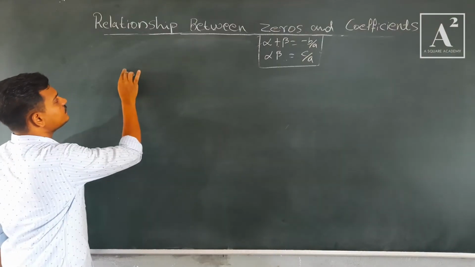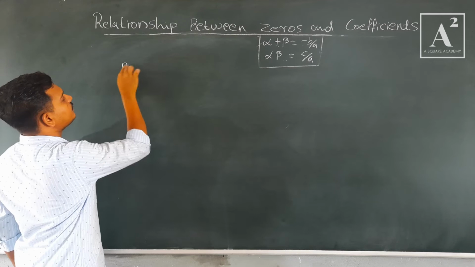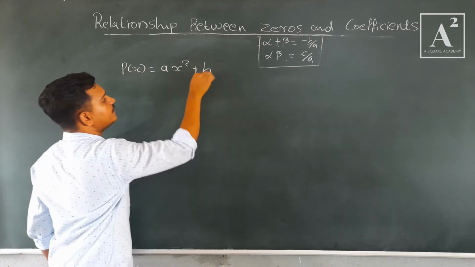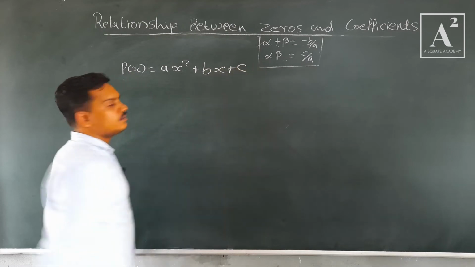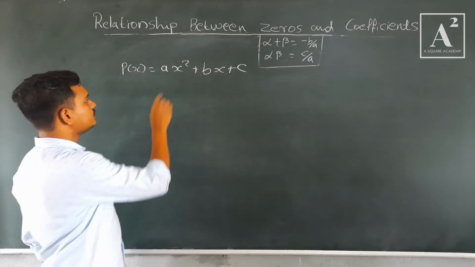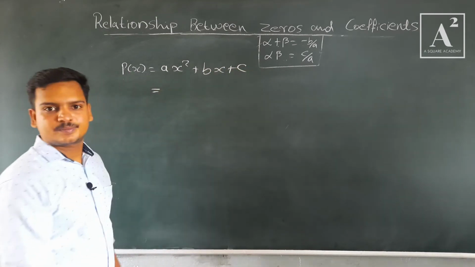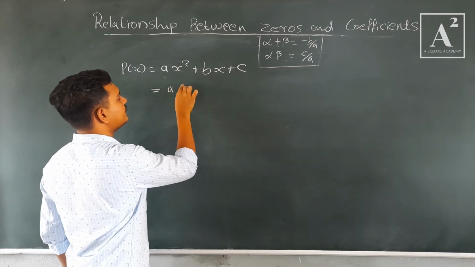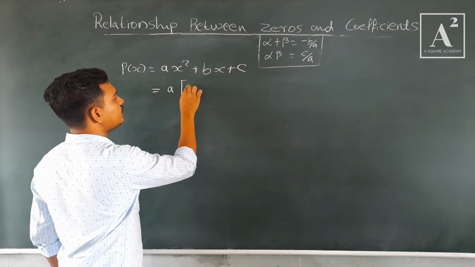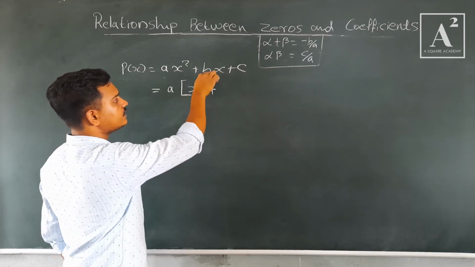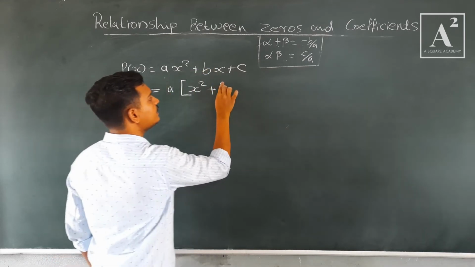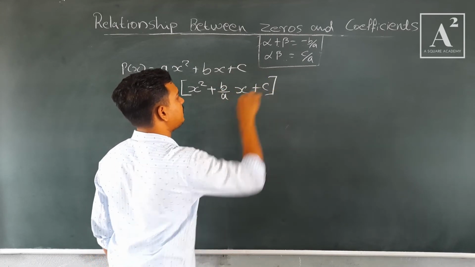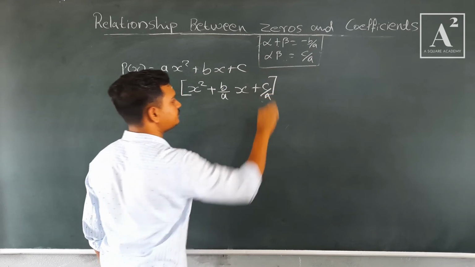Now consider the quadratic polynomial. P of x is equal to ax square plus bx plus c, quadratic form, okay. So in this expression, I am taking a outside. Now here x square plus, here there is no a, so it will be b by a times x plus c by a.